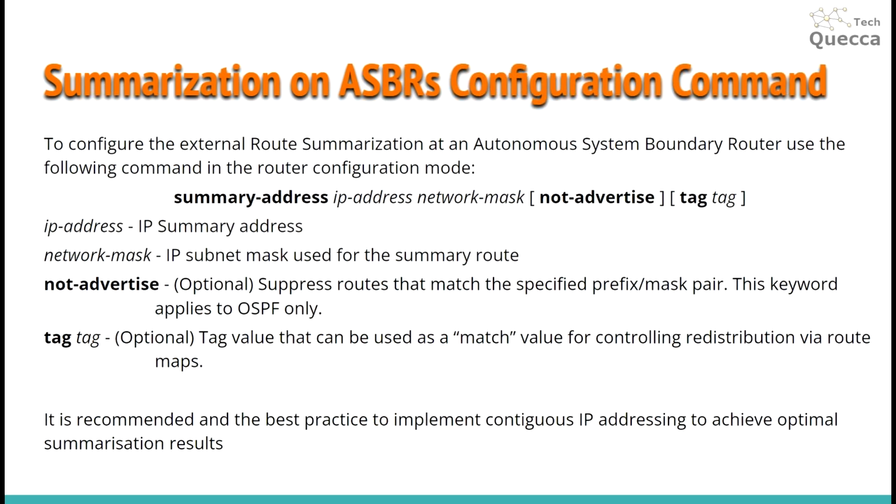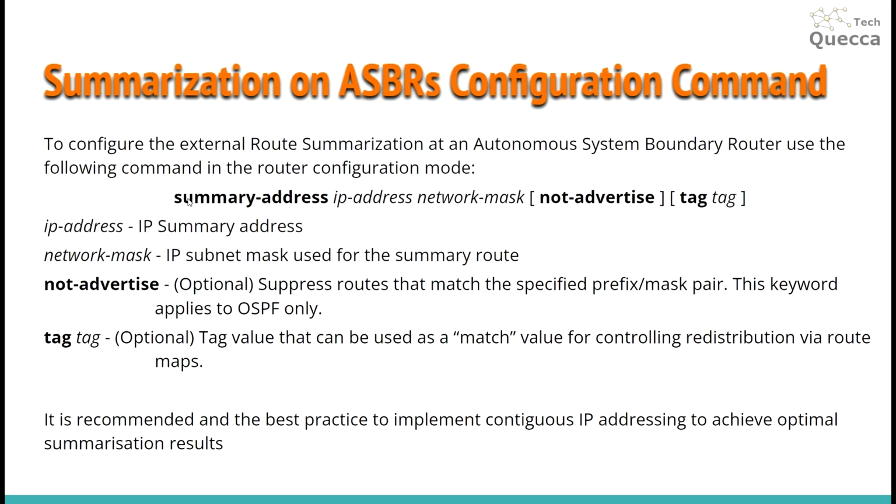And let's review the command to configure summarization on ASBRs or external summarization. This command is a little bit different from configuring summarization on ABRs, and it also needs to be done under the router configuration mode, but on ASBR.